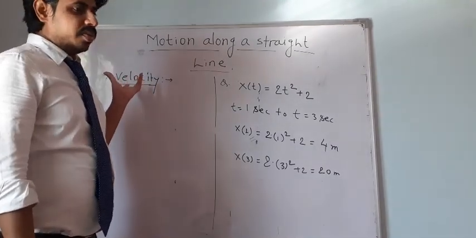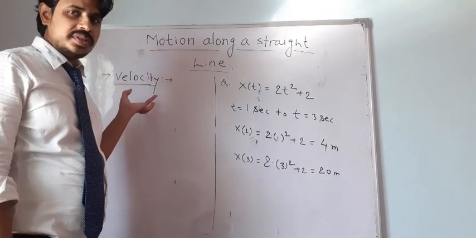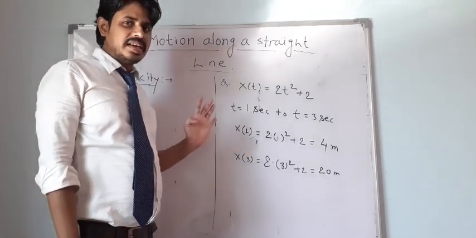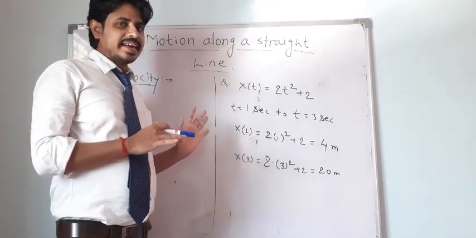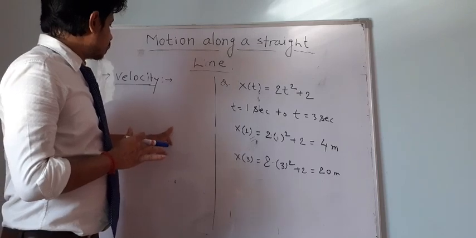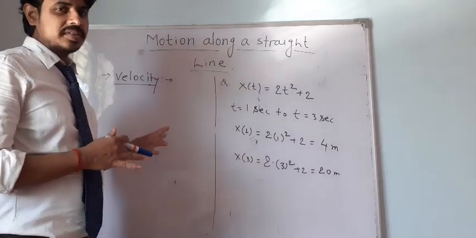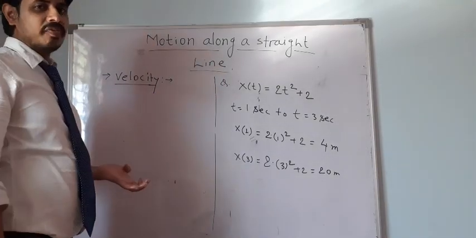We are measuring the displacement, but if there is a question of how much time is taken in covering this displacement, then there is the question of rate, that is the rate of change of displacement, and that is known as velocity.